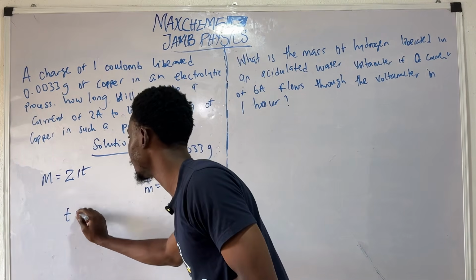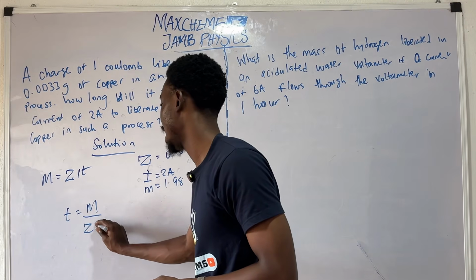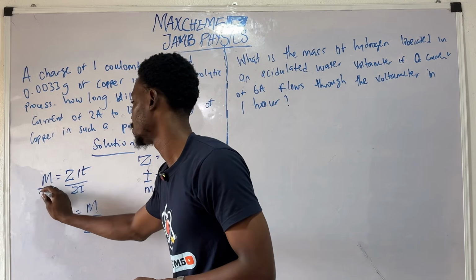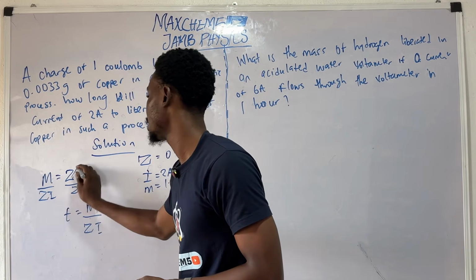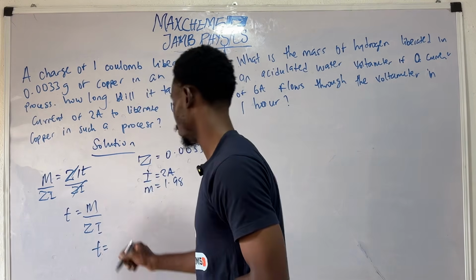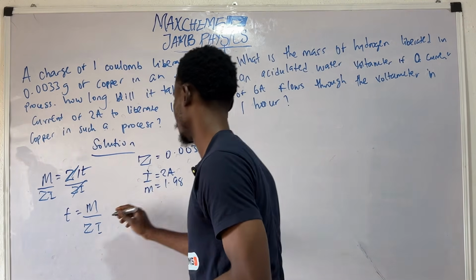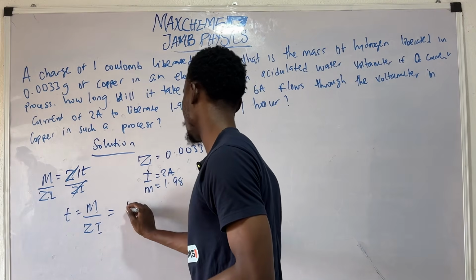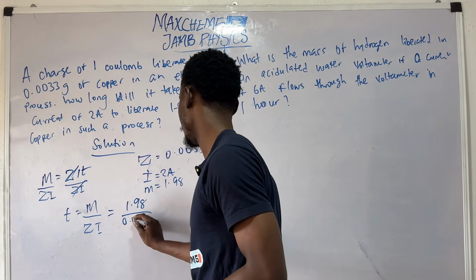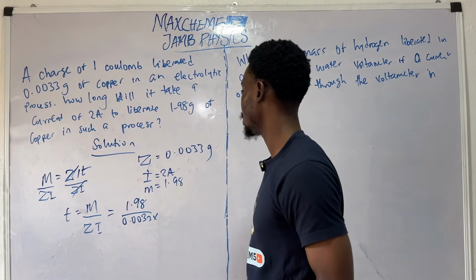So making T the subject of formula, I have M over Zi by dividing both sides by Zi. So Zi cancels out Zi. I have the time T equal to the mass, 1.98, divided by Z, 0.0033, times the current, 2.